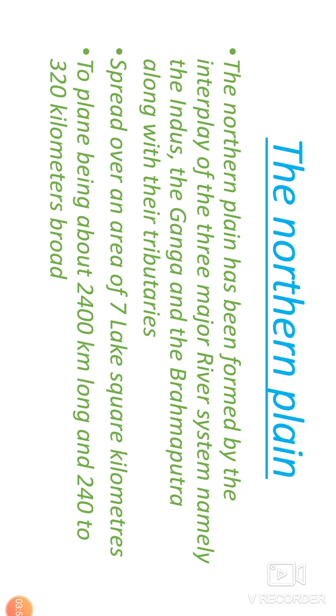One more thing, it spreads over an area of 7 lakh square kilometers, about 2,400 kilometers long and 240 to 320 kilometers broad. So these are the northern plains. Here you can see some women doing their work in the plains, and this picture is also from our book.